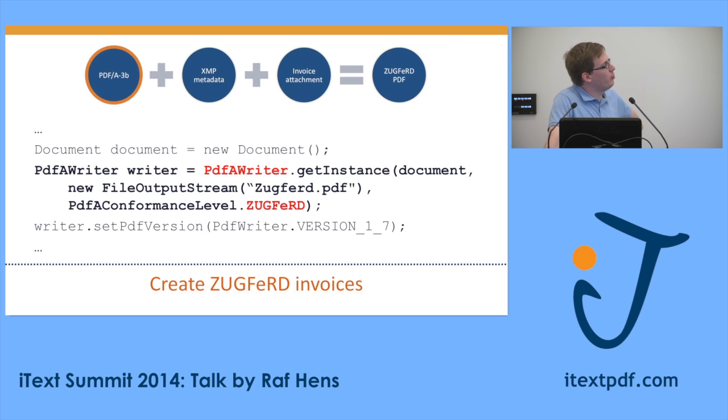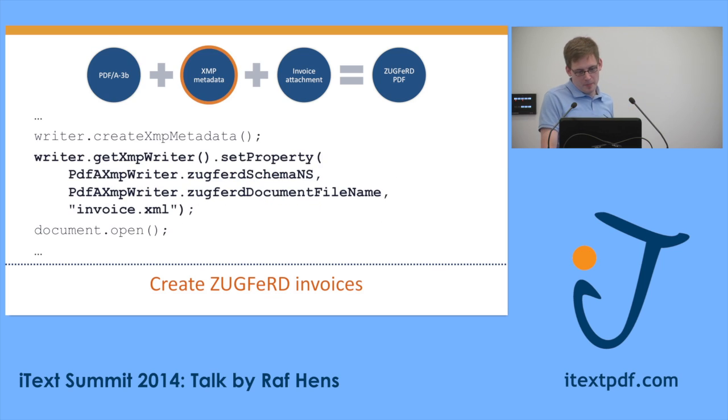So obviously we can simply start from a PDF/A writer, and we tell the PDF/A writer you have to conform to ZUGFeRD. Telling the PDF/A writer to follow this conformance level will allow it to create some metadata automatically without you having to tinker with all this stuff. So we create XMP metadata, and we have to define what the name of the invoice attachment is in this ZUGFeRD file. So we just use invoice.xml in this case.